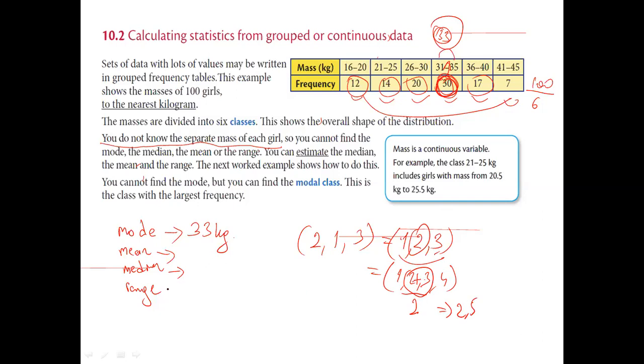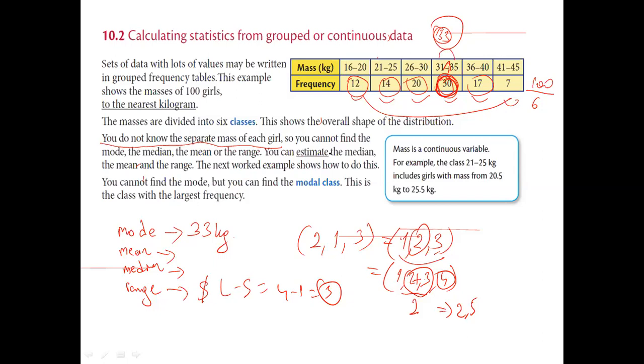So range is largest minus smallest. What's the largest here? 4 minus the smallest, 1, so range is 3. The difference of the biggest and smallest values.